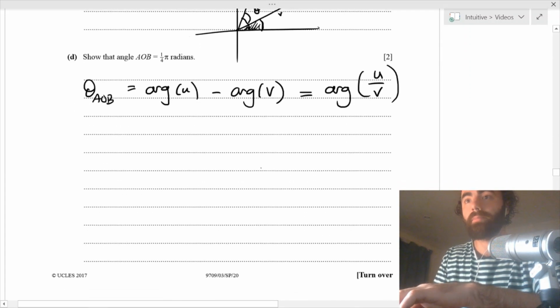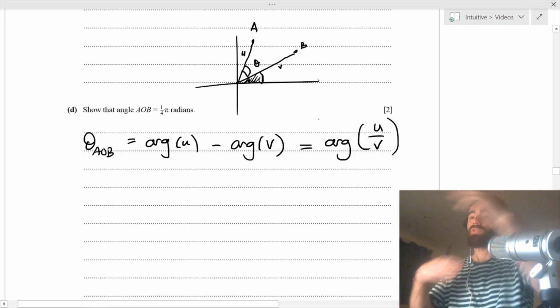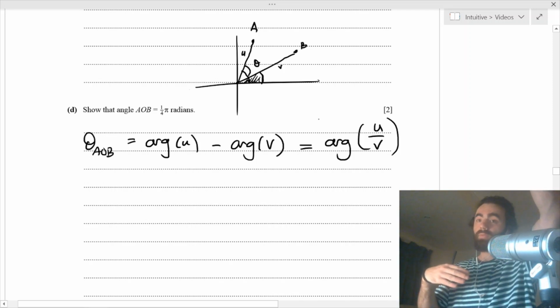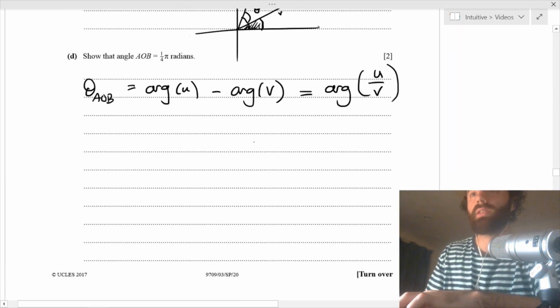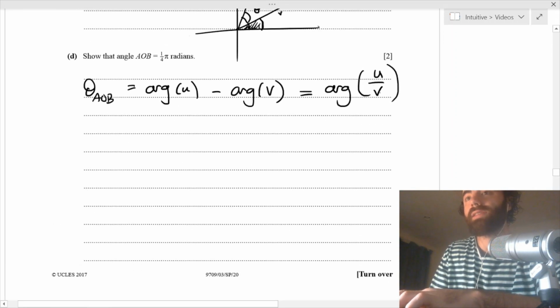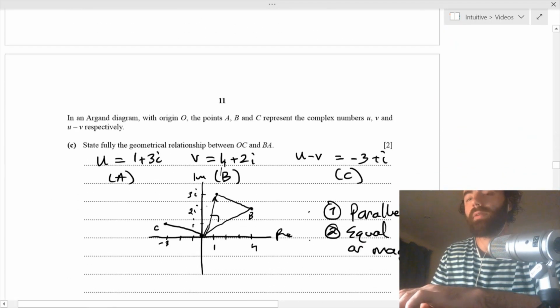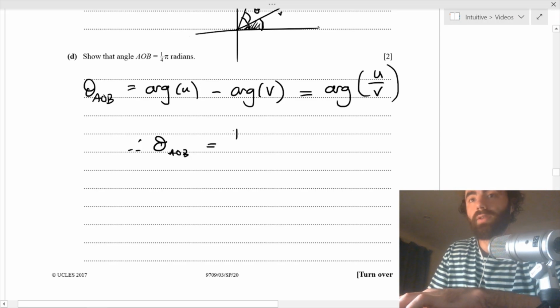The argument of U divided by V is the same as the argument of U minus the argument of V. I have proofs for that. So that makes it a lot easier because we already found this. Therefore, theta AOB equals 45 degrees, or pi over 4 radians.